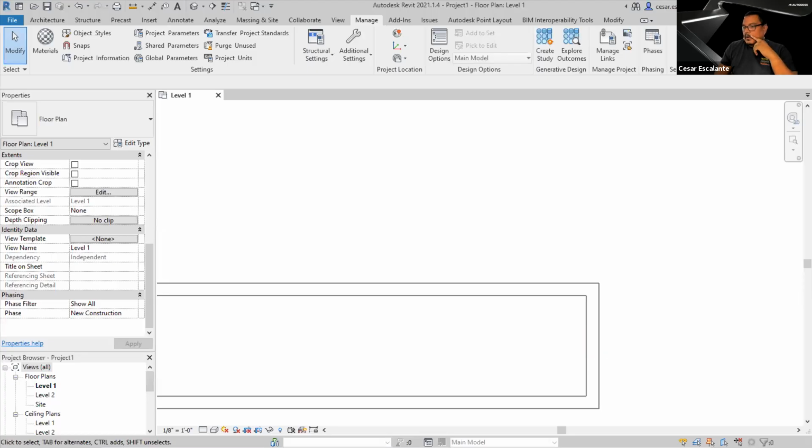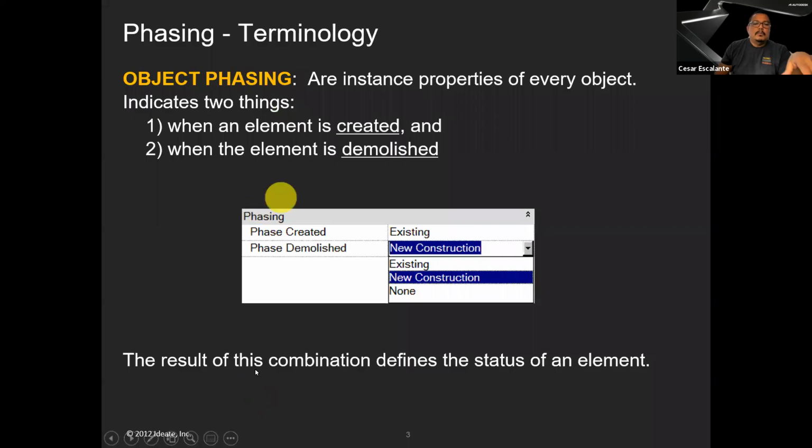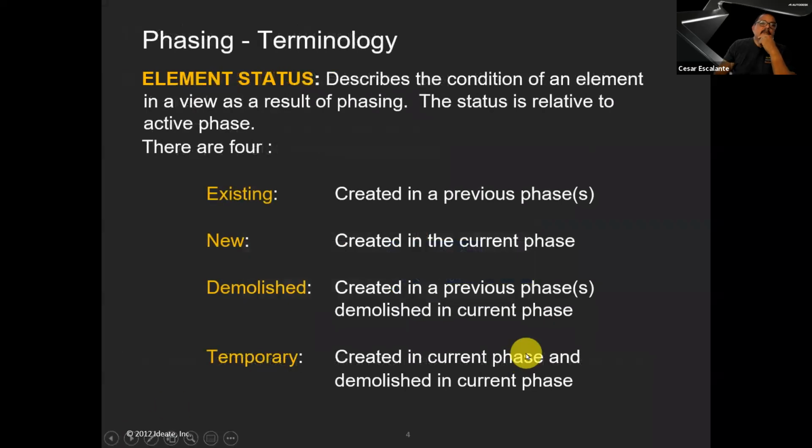All right, so let me go back to my deck. The combination of when an element is created and when an element is demolished creates what's called the phasing status. The element status describes a condition of an element in a view as a result of phasing.